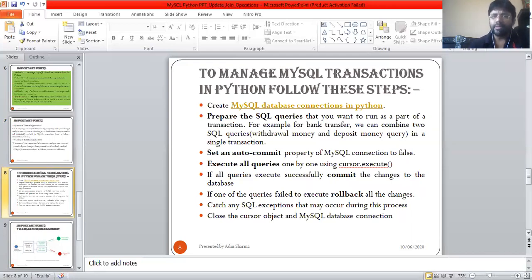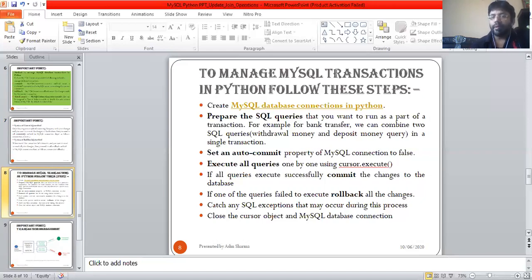So two queries in a single transaction. We have to prepare those SQL queries. Next is set the autocommit property. By default, you all know it's false. It may be true or false to enable or disable. Set the property of the MySQL connection to false. The next one is execute all queries one by one using cursor.execute. Here cursor is the cursor object.